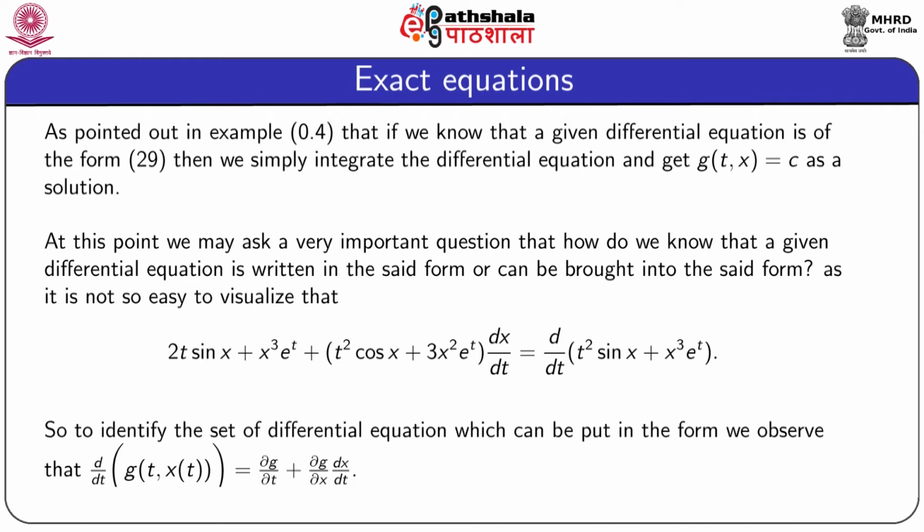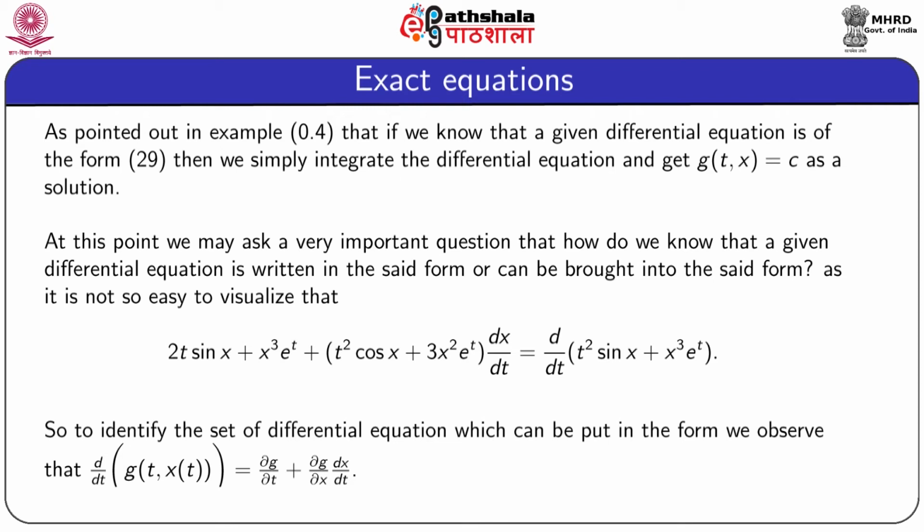At this point, we may ask a very important question: how do we know that a given differential equation can actually be written in the form 29, as it is not easy to visualize that 2t sin x plus x³ e^t plus t² cos x plus 3x² e^t dx/dt is actually equal to d/dt of t² sin x plus x³ e^t.